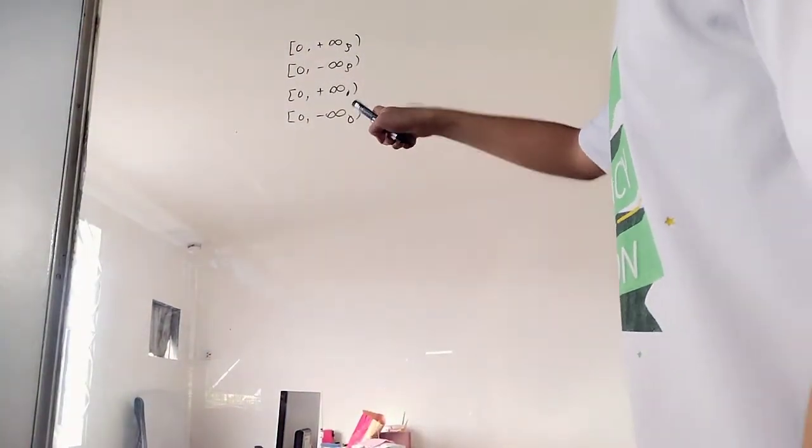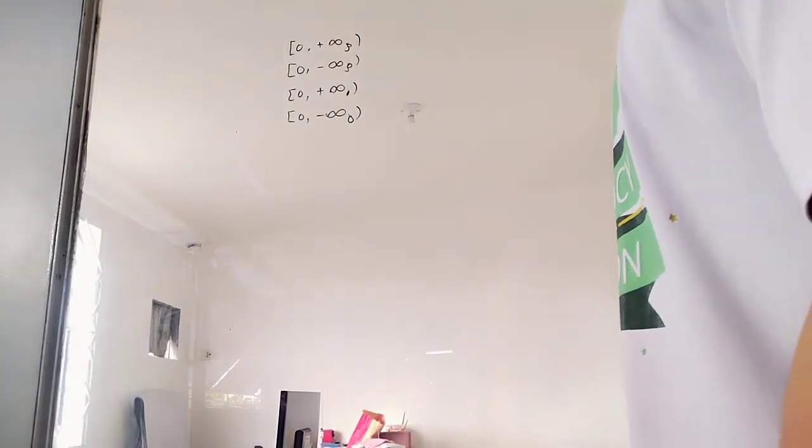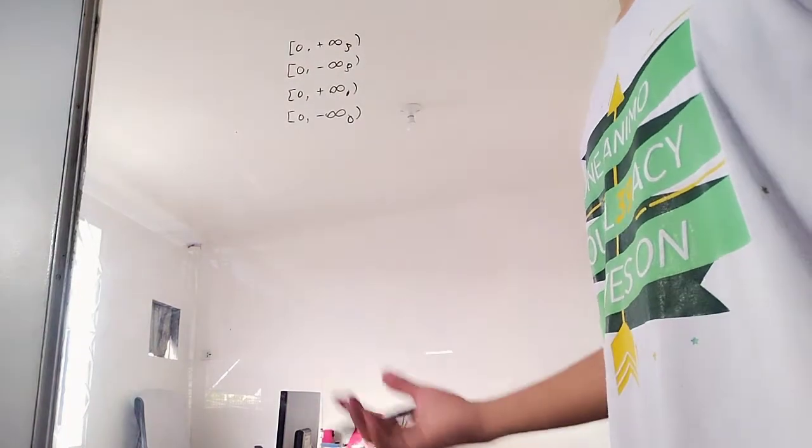These are our main four intervals in the system that I created. Again, it's arbitrary, but we're going to stick with the system that I constructed in the first lecture.